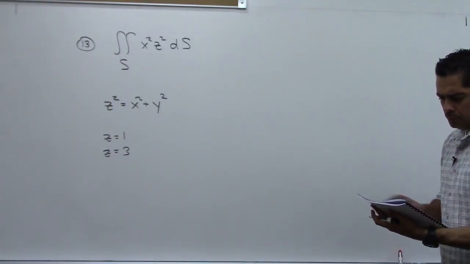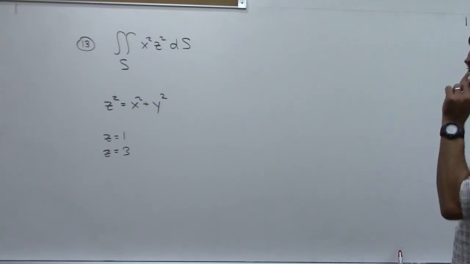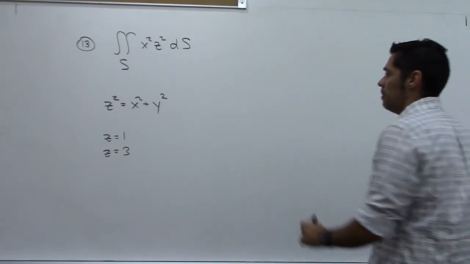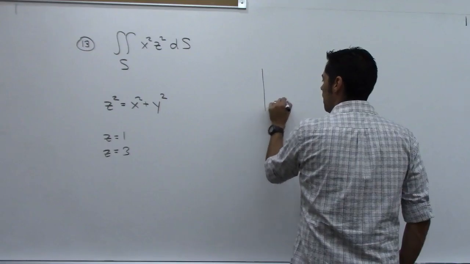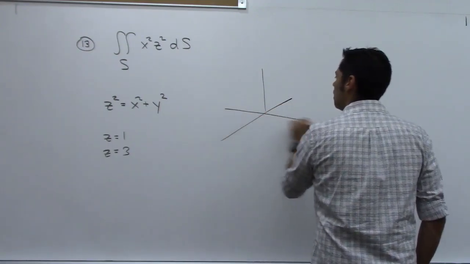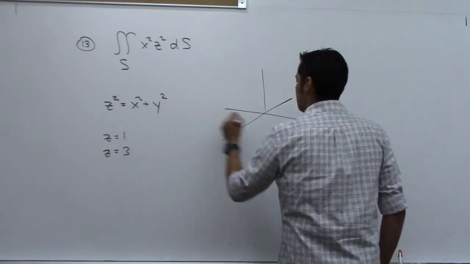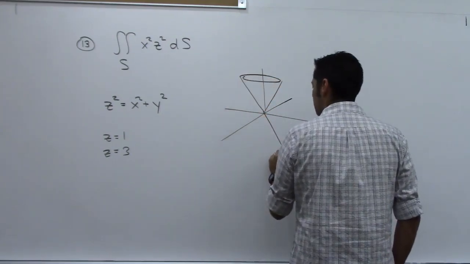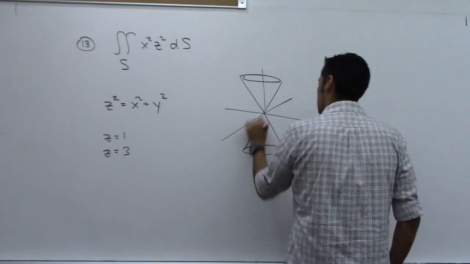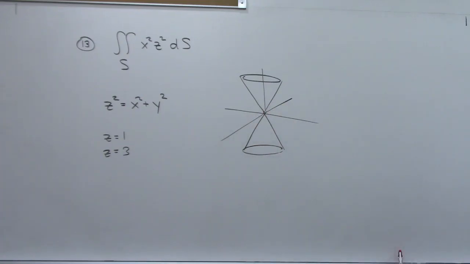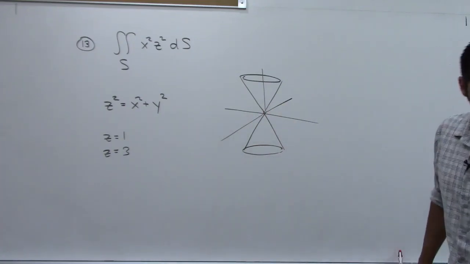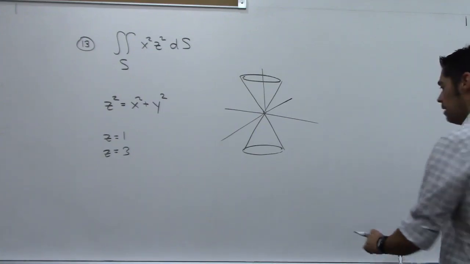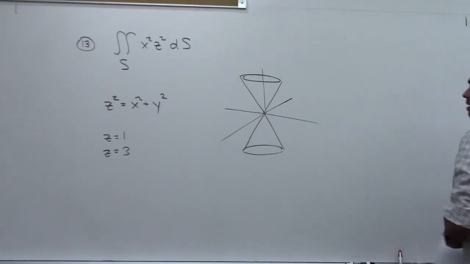All right, now let me get a picture of what's going on here. What does my S look like? Well, it's this cone, which looks like this. Actually it goes the other direction too. However, we're just looking at the surface that is cut off between z equals 1 and z equals 3.